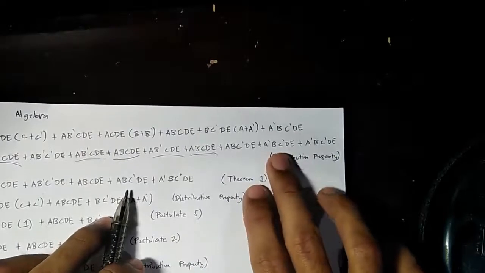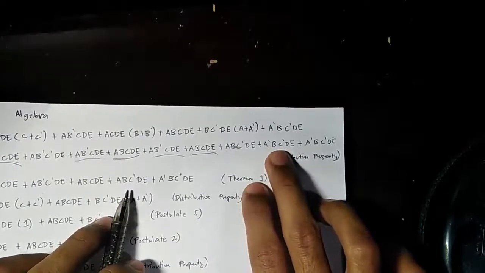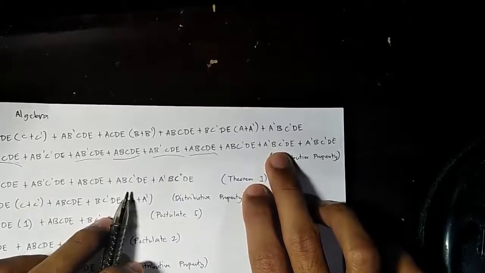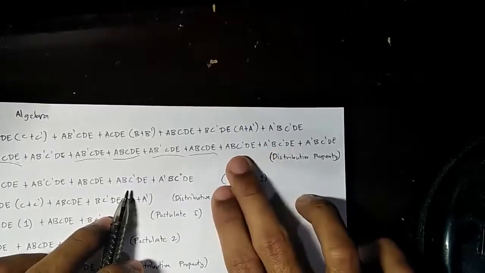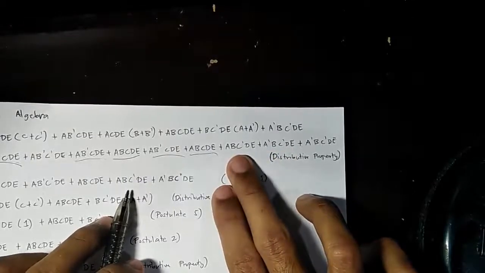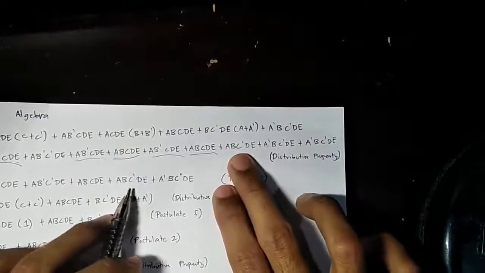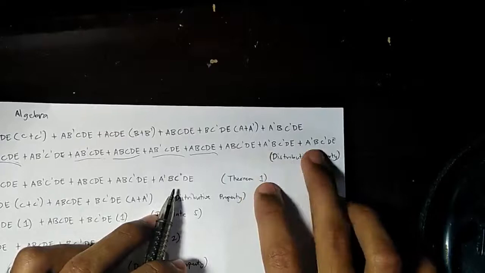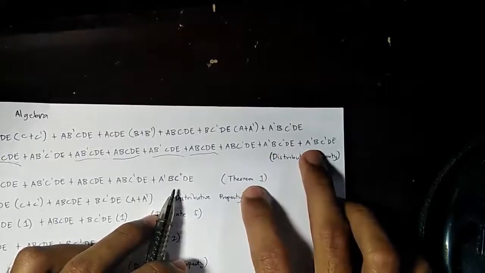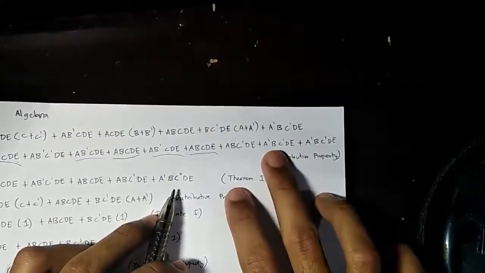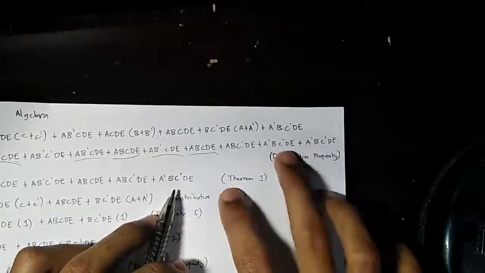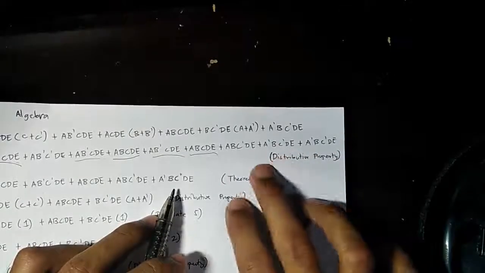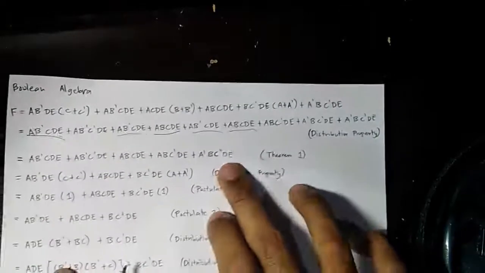Just copy it. Here and here, both terms are similar. So x is equal to x. This one or this one is equal to a term itself, according to theorem 1.